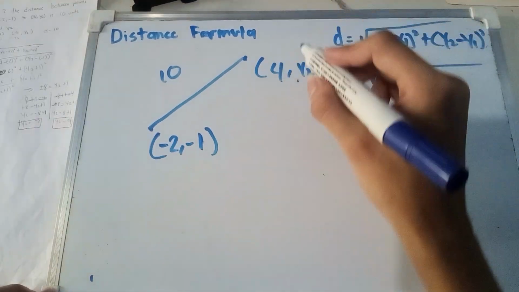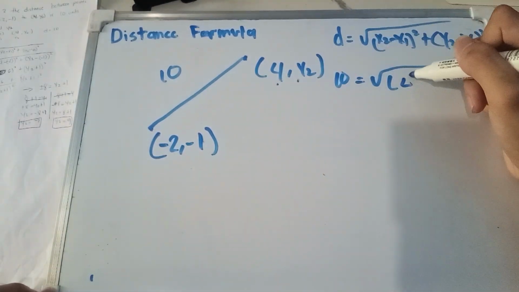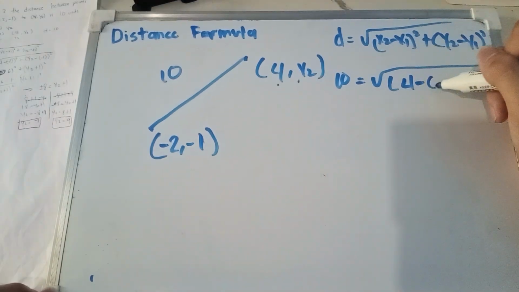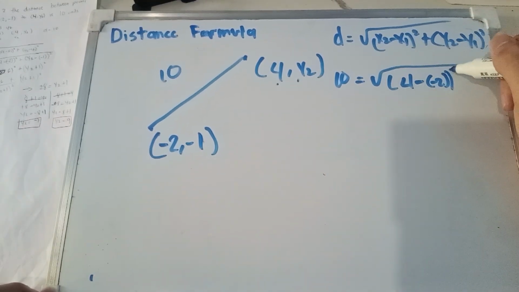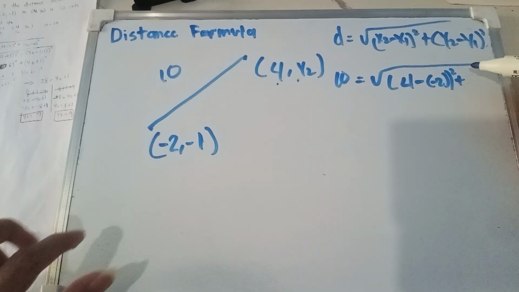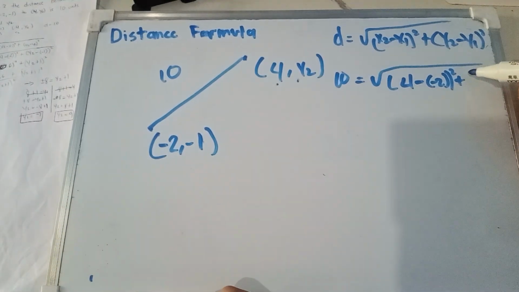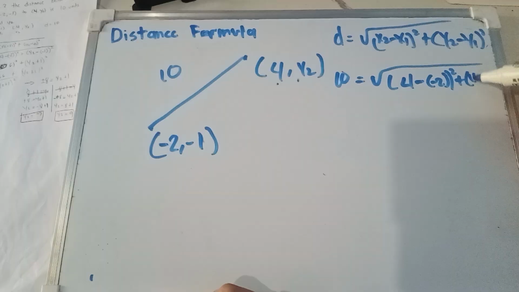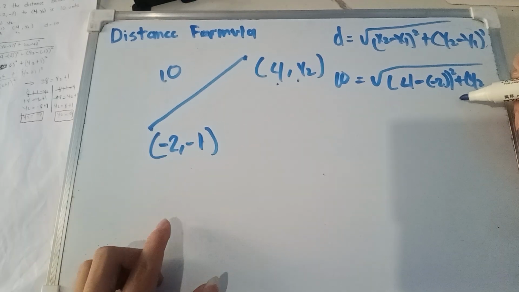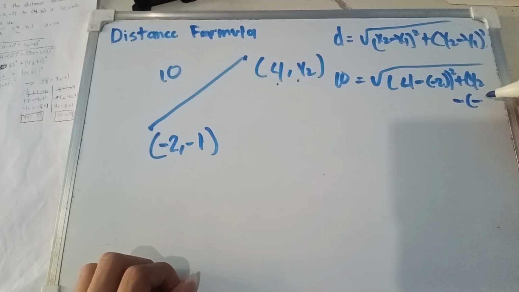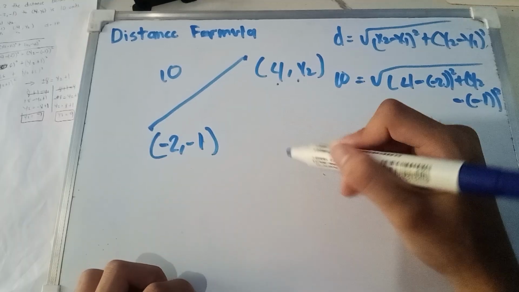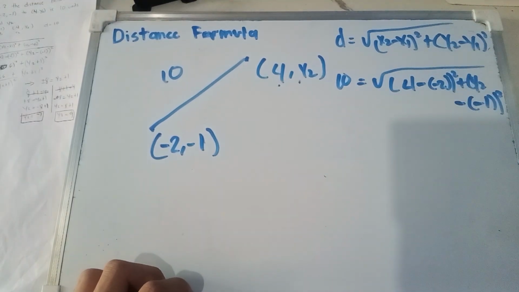Then we have x sub 2 here, which is 4, minus x sub 1, which is also given, that is negative 2, squared, plus y sub 2, which is unknown, minus negative 1, squared.